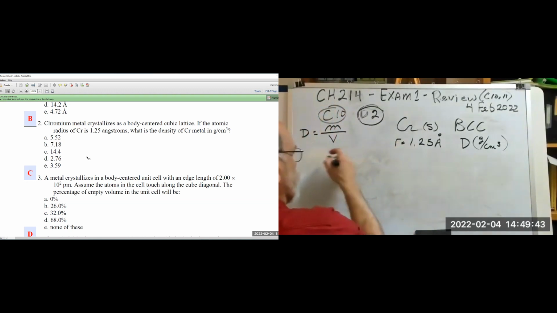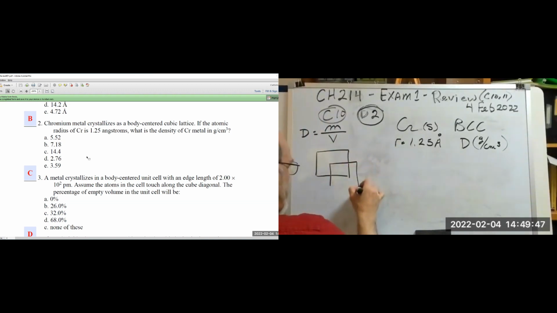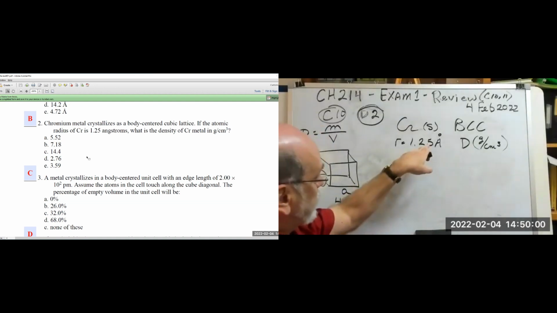So the edge of our cube here, that edge is equal to 4r divided by the square root of 3. Right? And this r is that r right there.